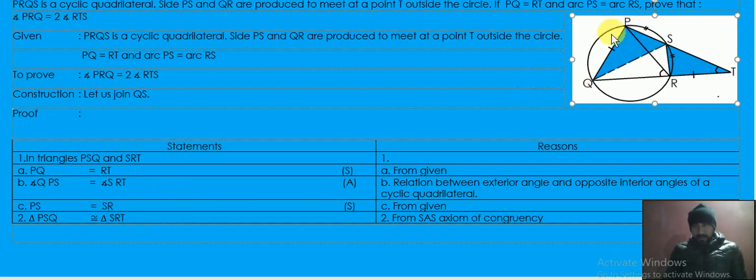And lastly, PS is equal to SR, because they are chords opposite to equal arcs, since arc PS is equal to arc RS, which is also given in the question. In this way, we have proved these two triangles are congruent by the SAS axiom, side angle side.